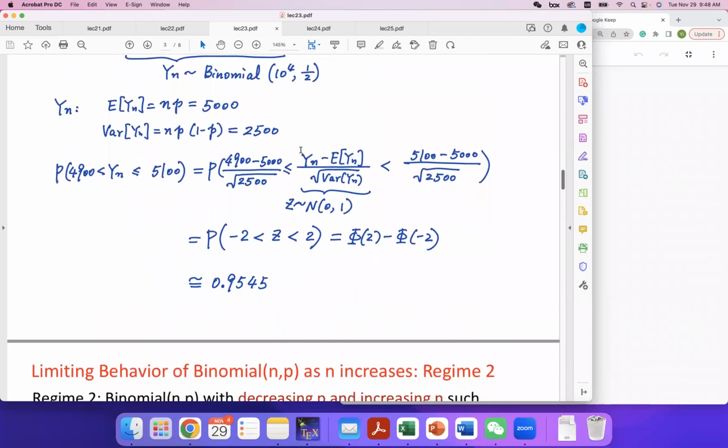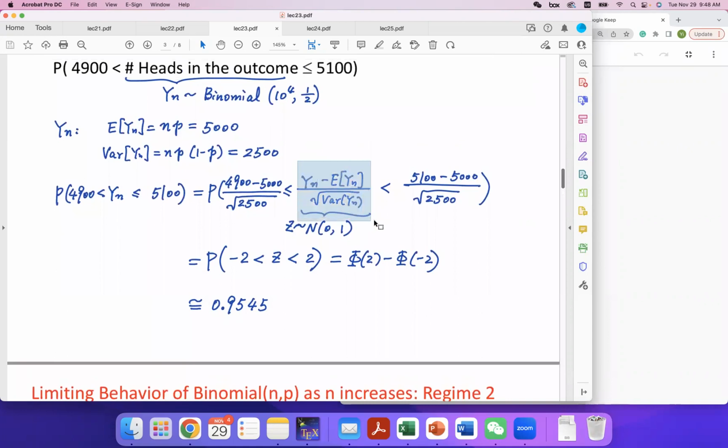So we can view this random variable Z as a standard Gaussian random variable. And then the probability of this event is the probability that Z is between -2 and 2.